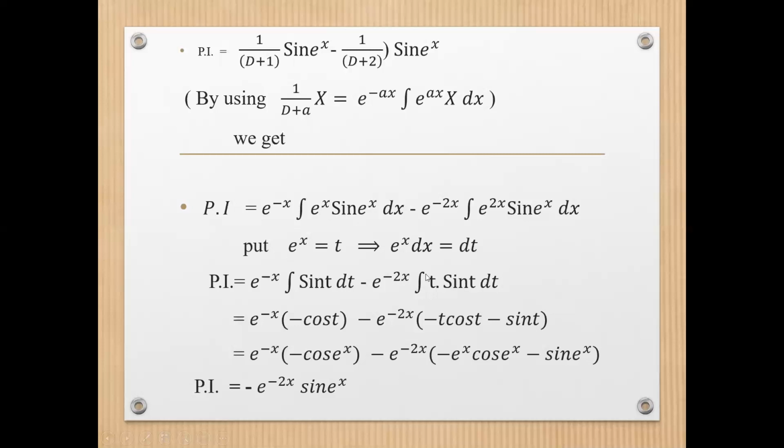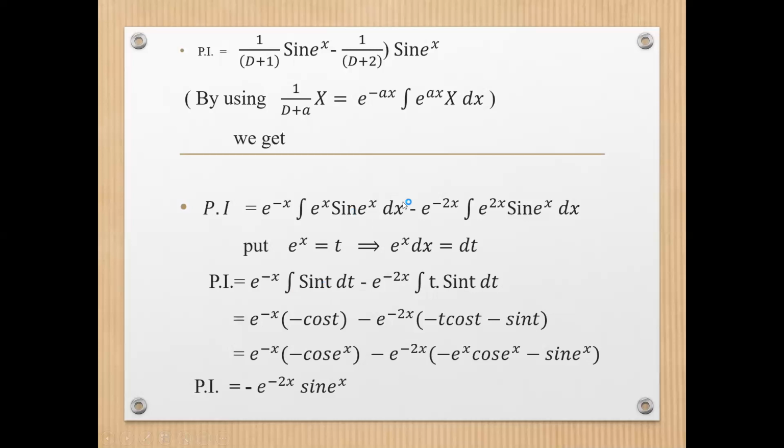What do we get? e raised to minus x integration, e raised to x is nothing but t, and e raised to x dx is nothing but dt. Getting me? So sin e raised to x is nothing but sin t.